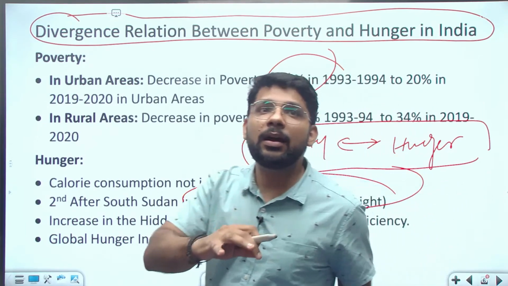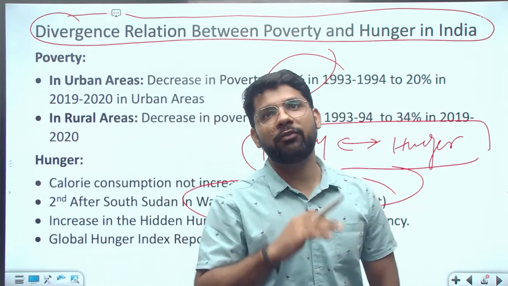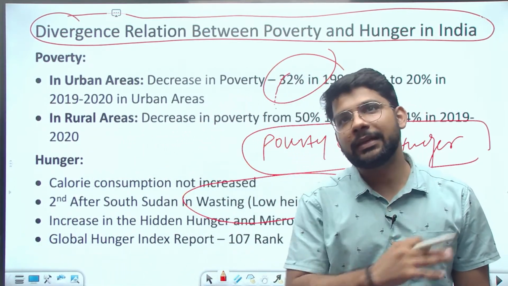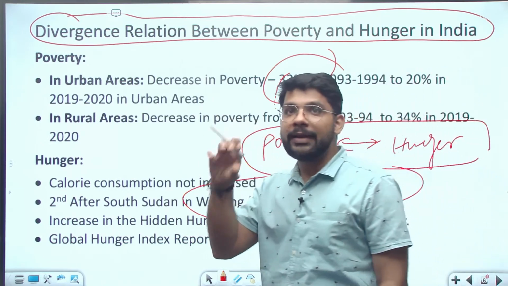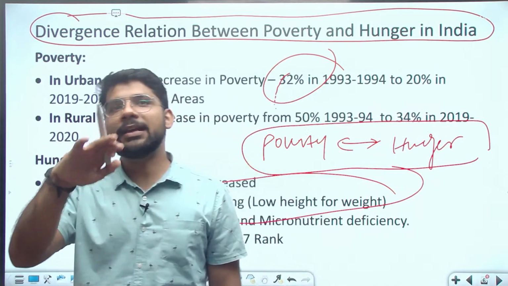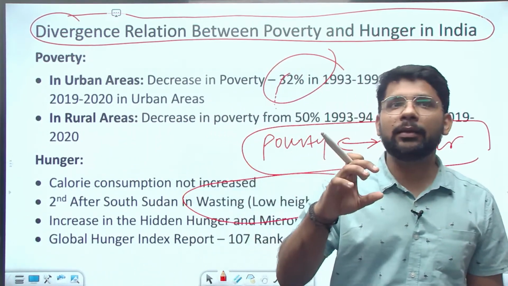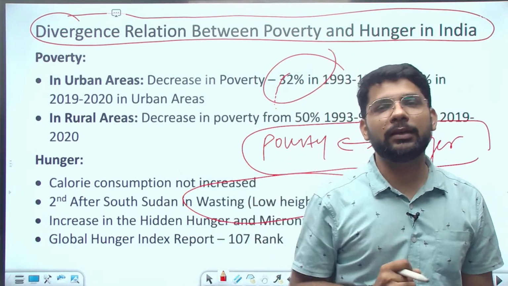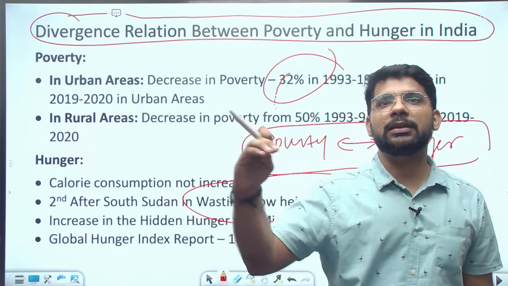Hidden hunger, malnutrition, and micronutrient deficiency in children are increasing. And according to the recent Global Hunger Index report, India is at rank 107. So this shows a trend where poverty is decreasing, but the incidence of hunger is increasing.